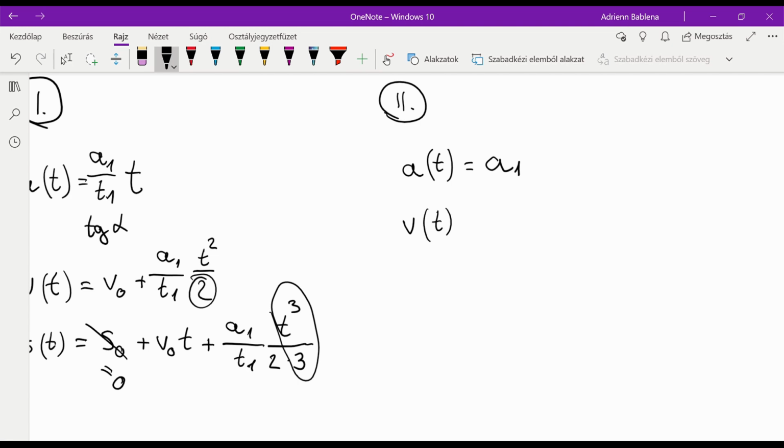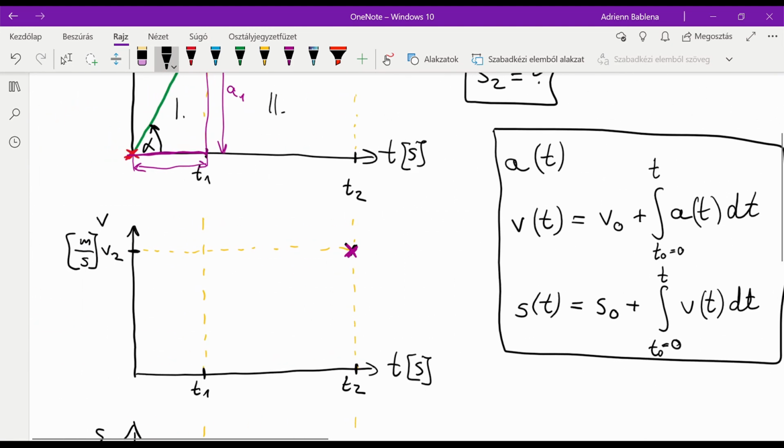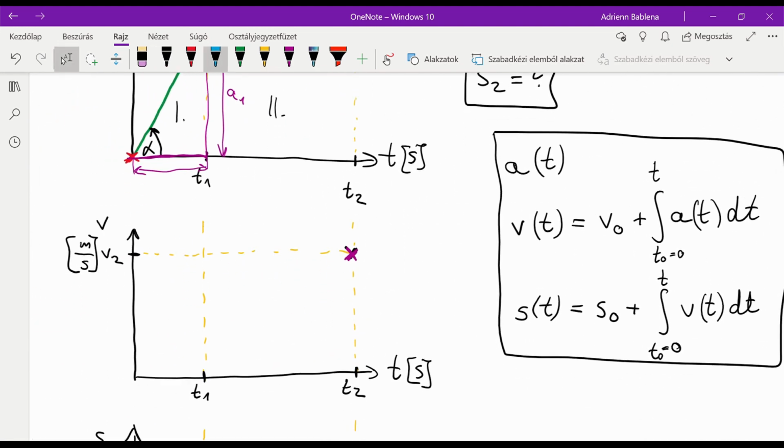For the velocity Vt, the initial value of the velocity function in the second section is v1. So don't forget that we are now between the two blue lines.